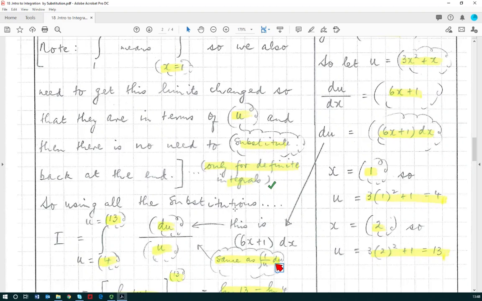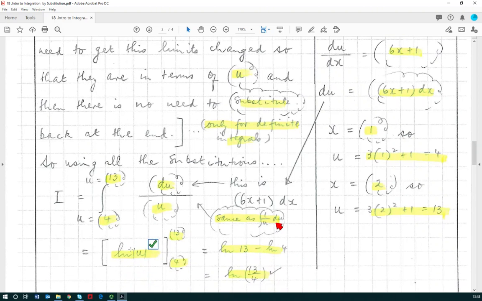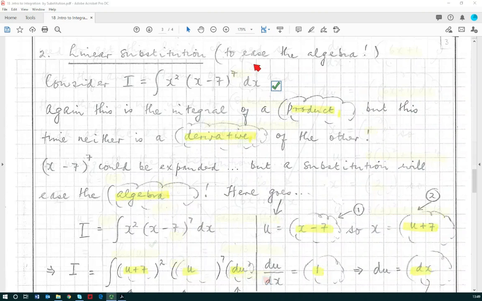Okay, can you remember how to integrate 1 upon u du? Correct. It's ln x. Okay, ln u in this case, sorry, ln u. So there's ln of the absolute value of u, and there's my limits 4 and 13. Substitute the 13 in, you'll get ln 13, then minus ln 4, and that's the same as ln of 13 divided by 4. Examine all of that, make sure you're happy.